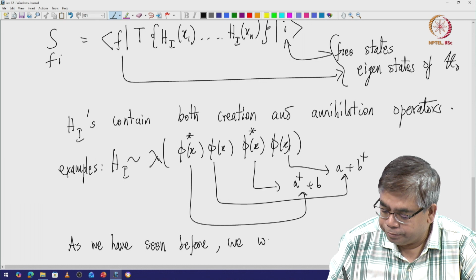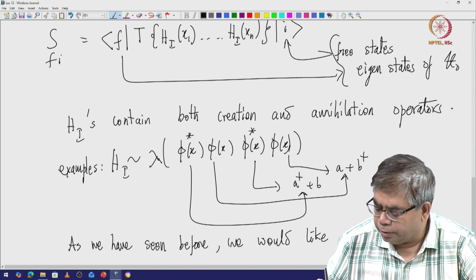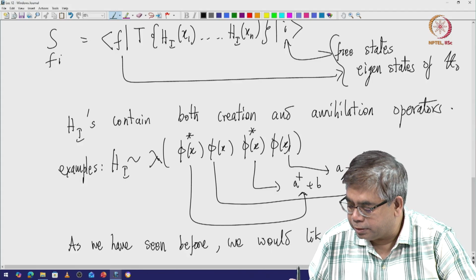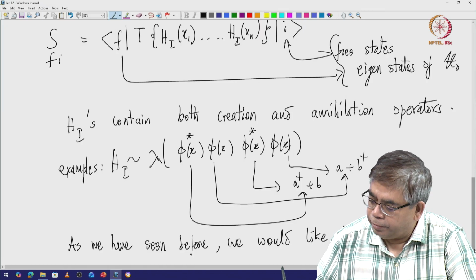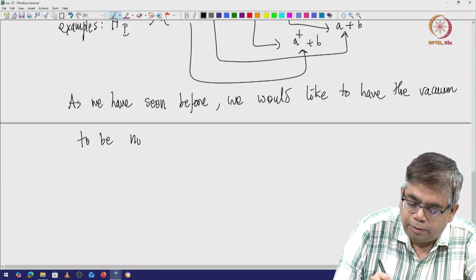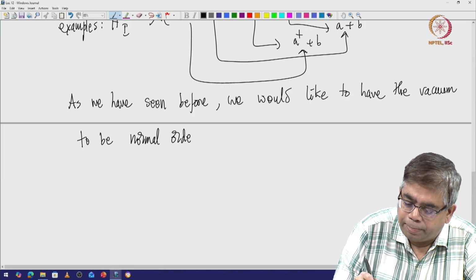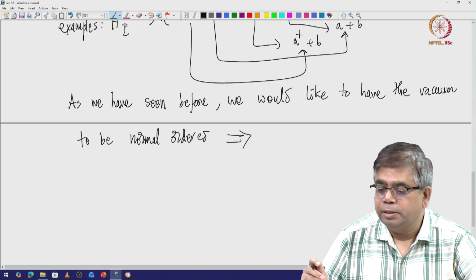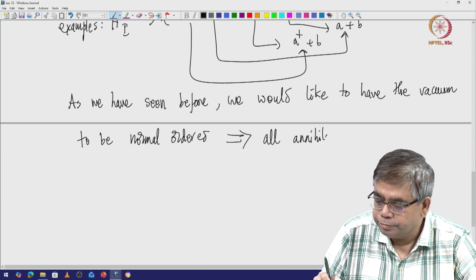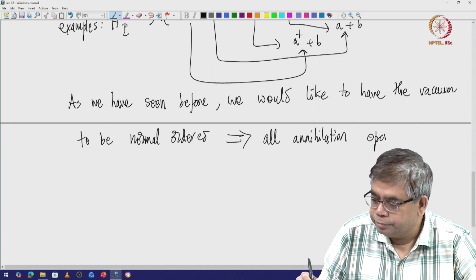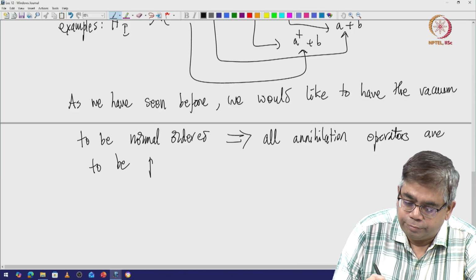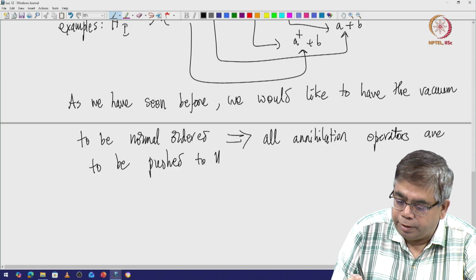We would like to have the vacuum of these states be normal ordered, which means all annihilation operators are to be pushed to the right.